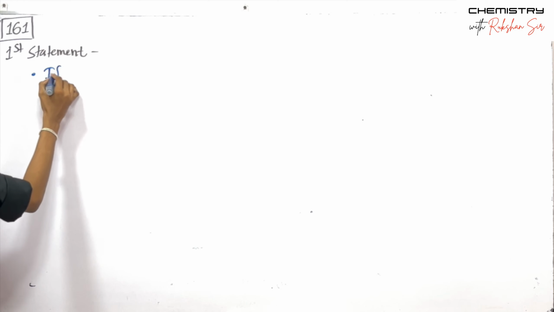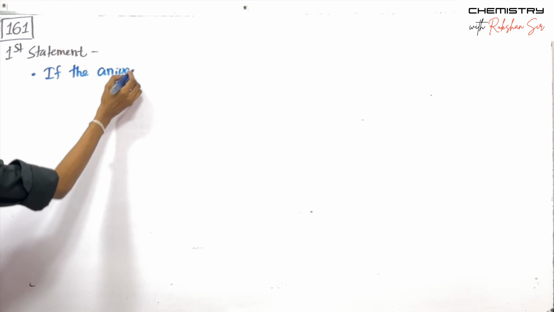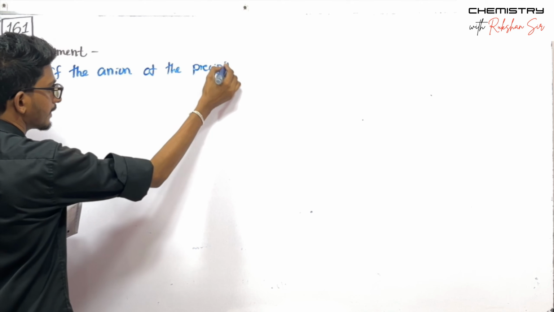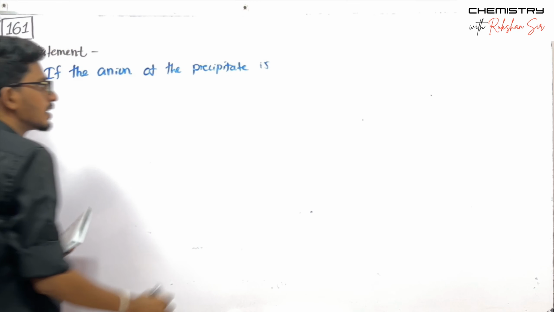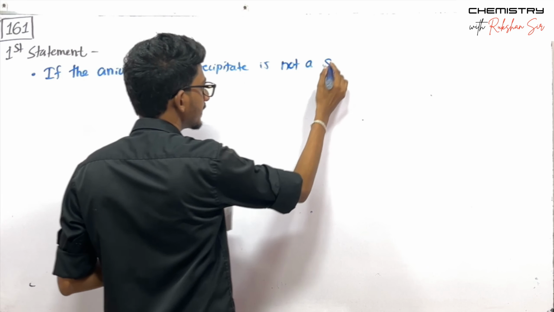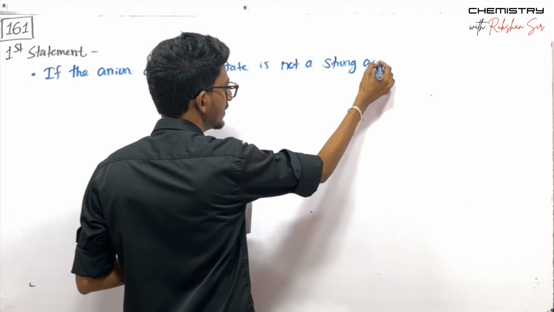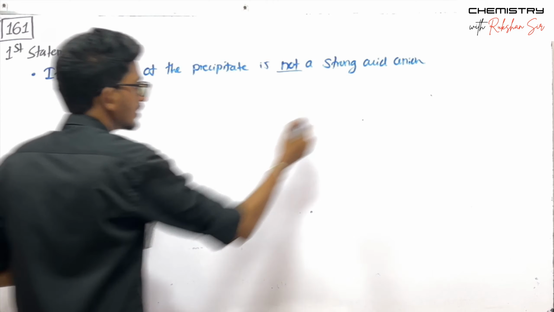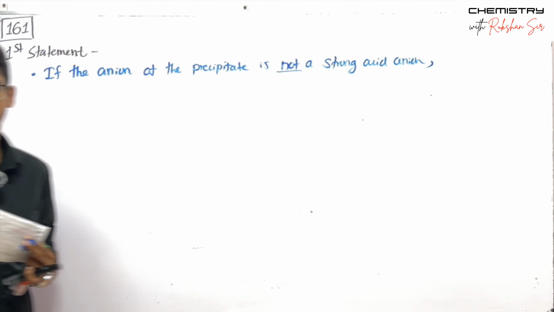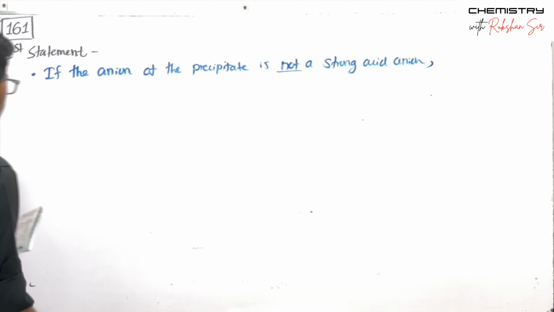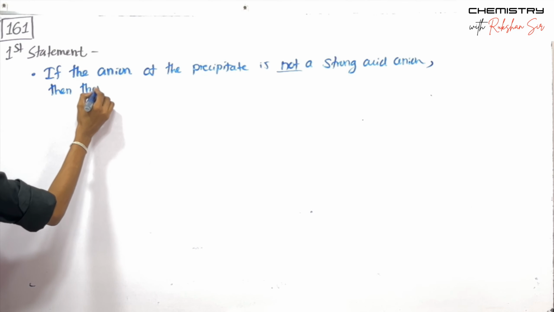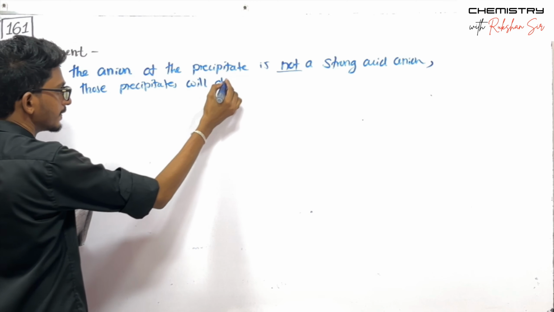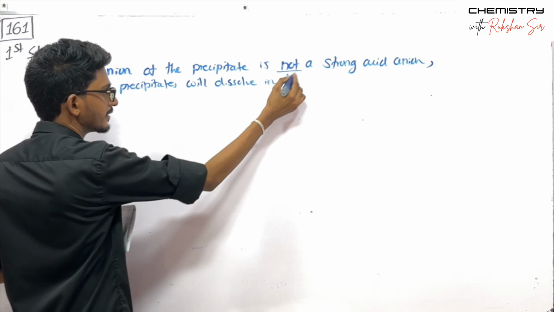The point is, if the anion of the precipitate is not a strong acid anion, so if it is not the SO4 2-, if it is not Cl-, Br-, I-, that is the idea there, then those precipitates will dissolve in dilute acids.